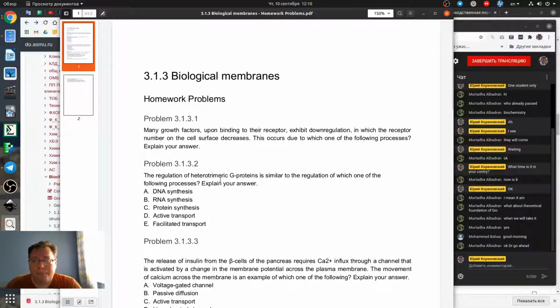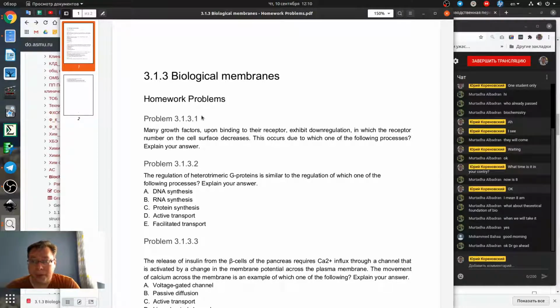All right, the first problem, 3.1.3.1. Many growth factors upon binding to the receptor exhibit downregulation in which the receptor number on the cell surface decreases. This occurs due to which one of the following processes? Explain your answers.